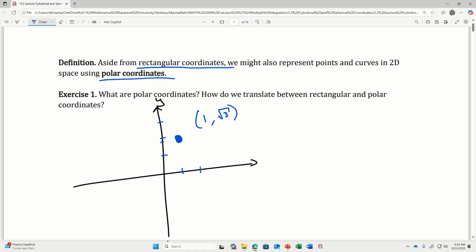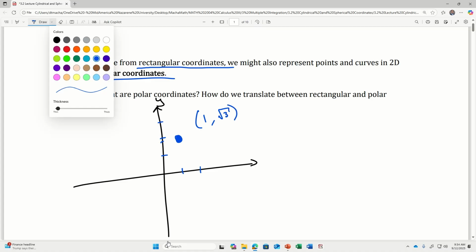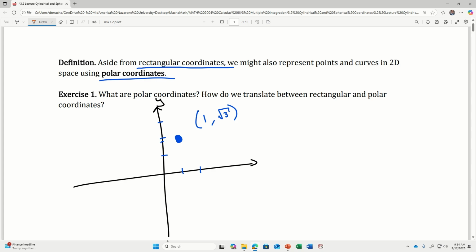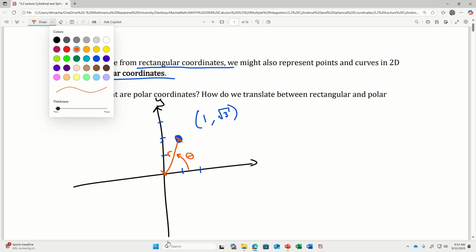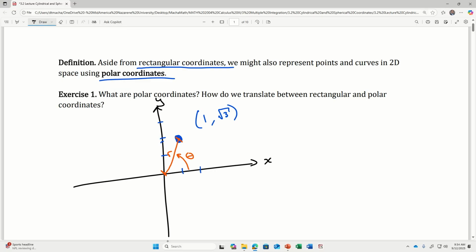Polar coordinates is saying, I can tell you how far away from the origin I am. We call this lowercase r. And I can tell you what the angle is that I have to turn counterclockwise from the positive x-axis. And that's theta.